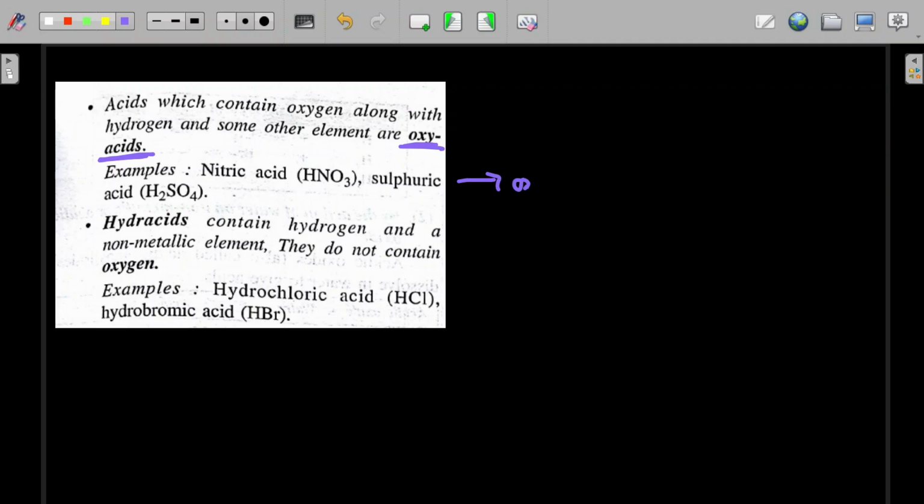Oxygen is there, so we call them oxyacids. But if oxygen is not there, hydrogen is always there, that's understood, then you call it a hydracid. Only hydrogen and some other non-metal will be there, like hydrochloric acid, hydrobromic acid. These are called hydracids. Oxygen, if it is there, oxyacid. If it is not there, hydracid.